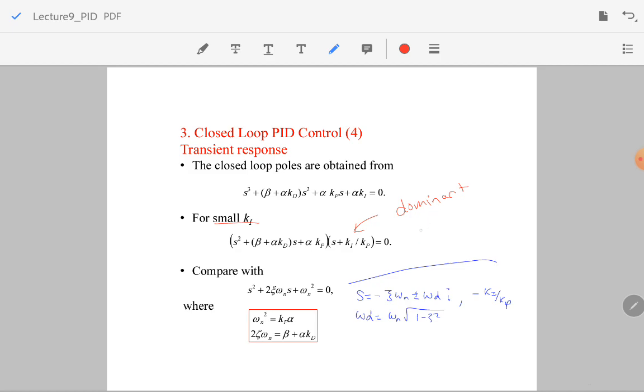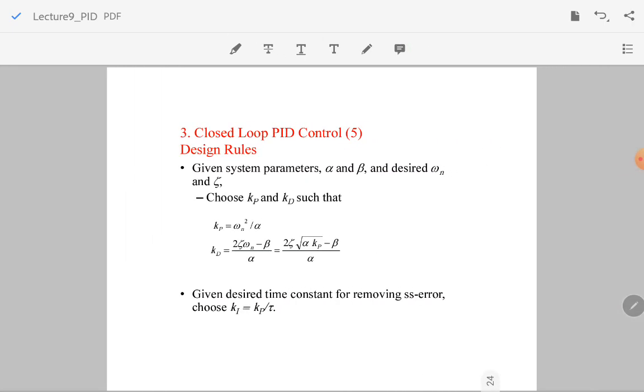The root, which I'm calling s, is equal to minus Ki over Kp. What's the time constant? The time constant is Kp over Ki. So how do I choose Ki? Ki equals Kp divided by the time constant that I want. That's what it's saying right here.